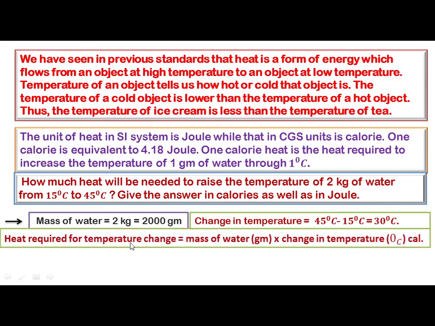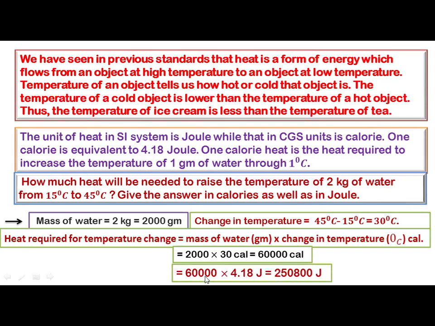Heat required for temperature change is equal to mass of water in gram multiplied by change in temperature in degree Celsius, in calorie. That is equal to 2000 multiplied by 30 calorie, which is equal to 60,000 calorie. This is equal to 60,000 multiplied by 4.18 joule, which is equal to 2,50,800 joule.